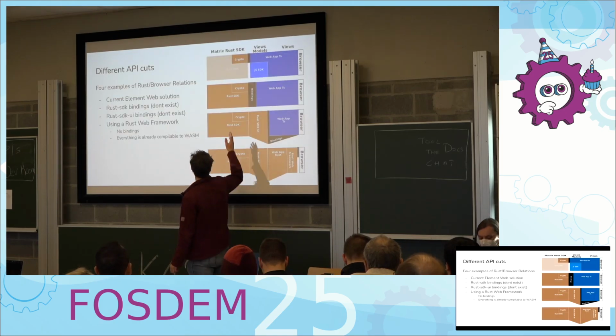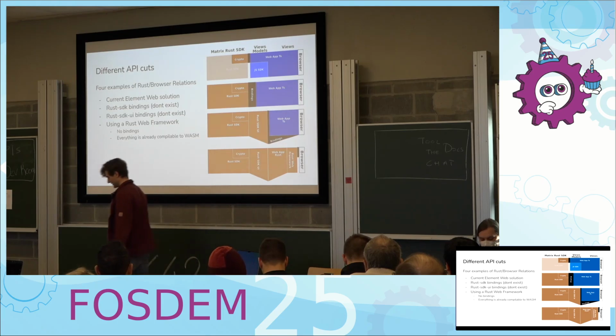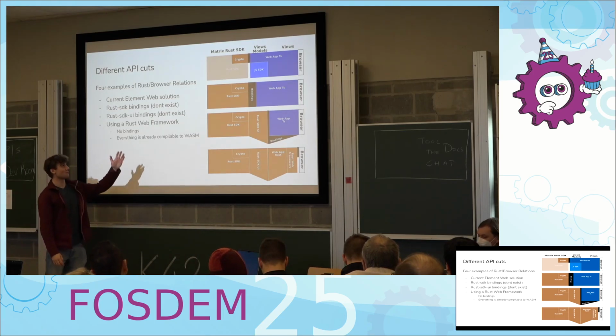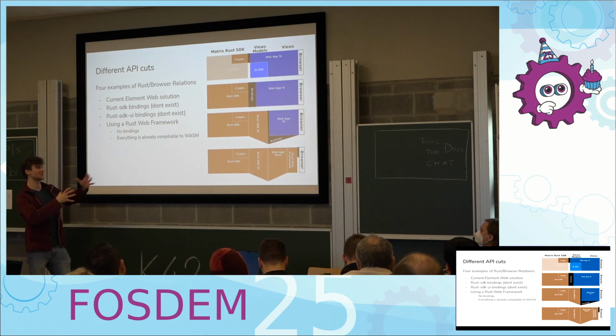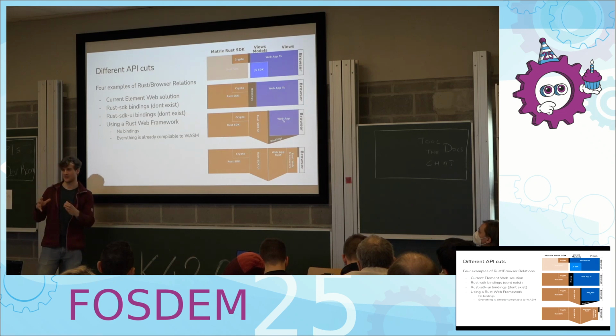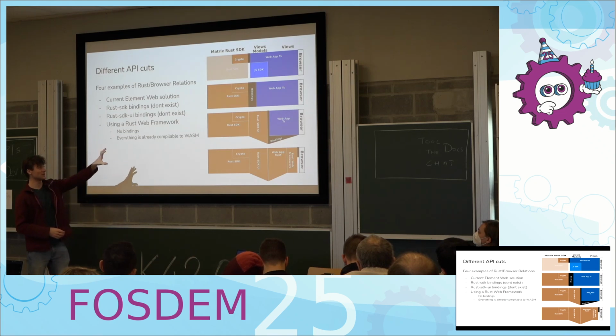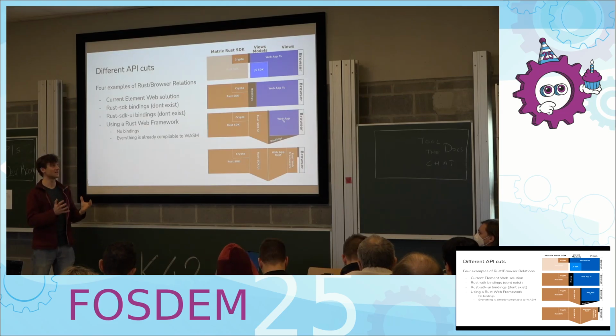Based on this architecture, I did a couple more graphs. Those are possible ways one could think of to build a Rust SDK-based Matrix client in the browser. The top one is what I just introduced, what Element Web is doing. Then one could consider using only the Rust SDK, not the UI abstraction, and do pretty big bindings to a web app, then build everything in TypeScript without the JS SDK.